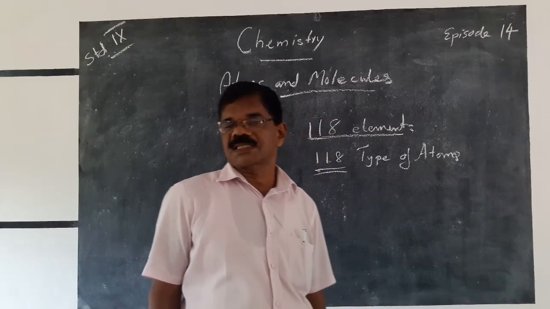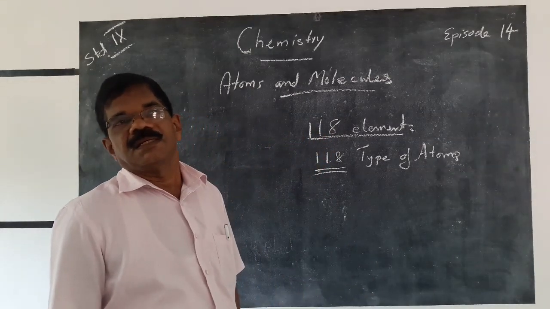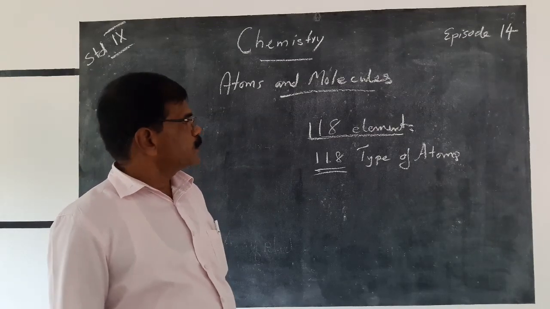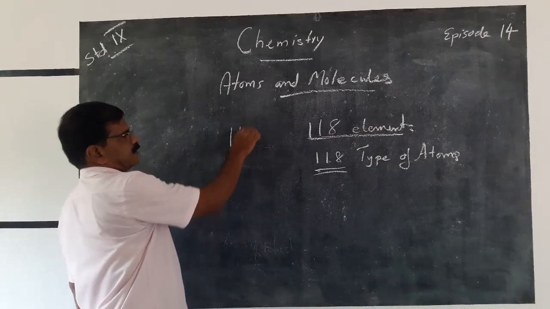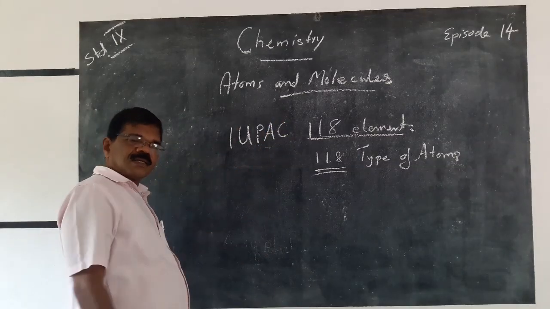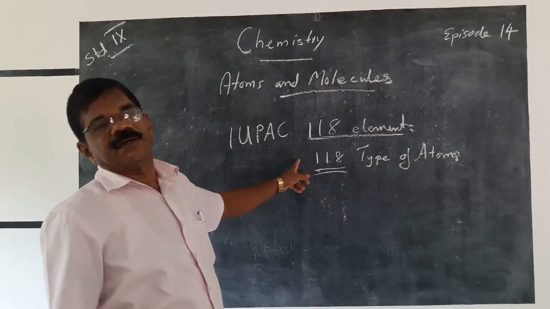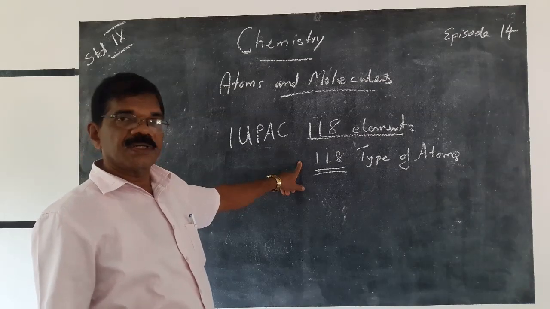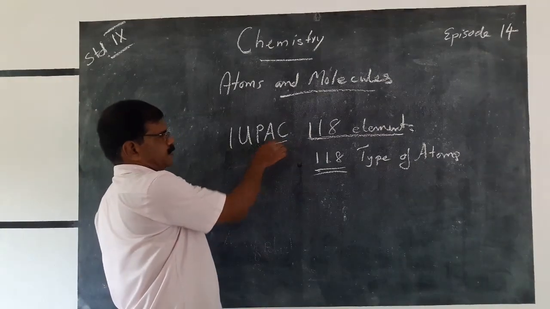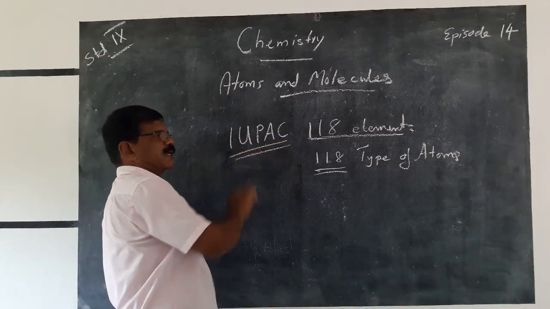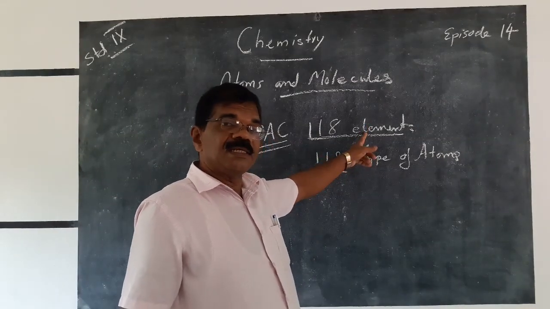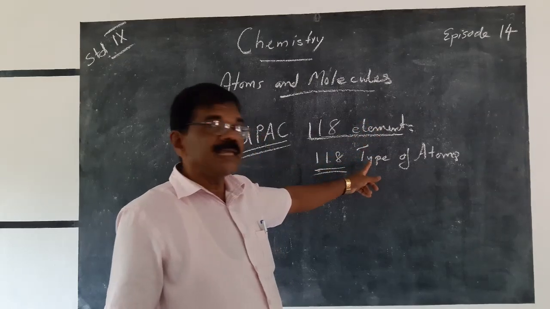If an element is discovered by any scientist in any corner of the world, it must be approved by the IUPAC. Then its existence can be studied by our education institutions or research labs. Now, there are 118 elements, so there are 118 types of atoms.